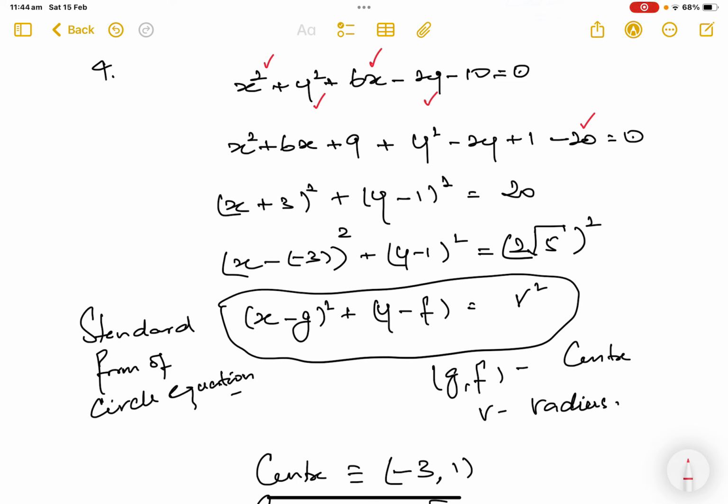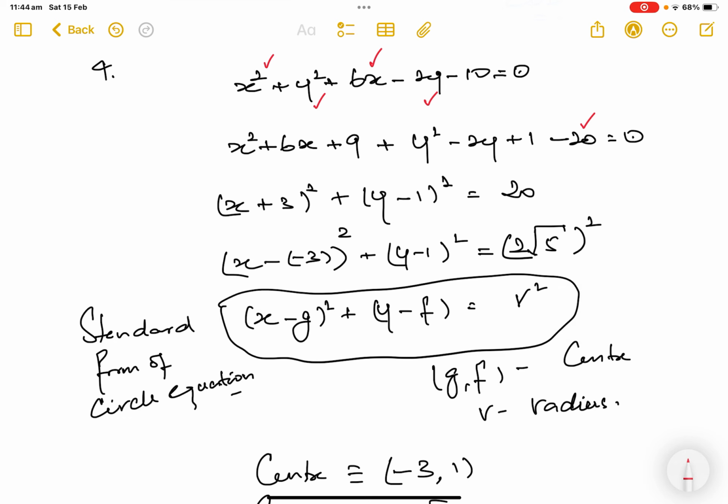Now we can complete the square. x squared plus 6x plus 9 is x plus 3 squared, plus y squared minus 2y plus 1, which is y minus 1 squared. Take the 20 to the other side of the equation.